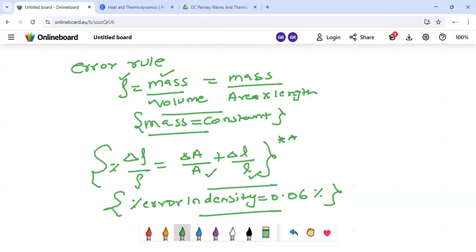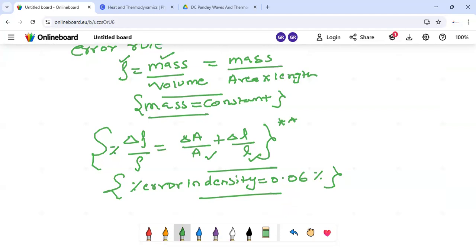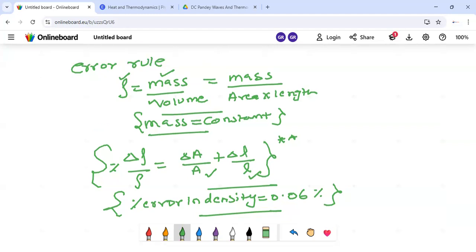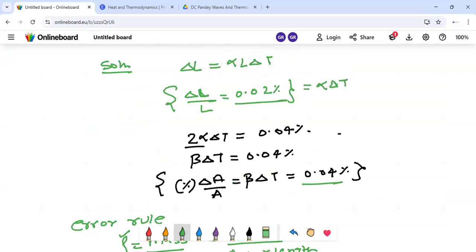Sir, can we do this by finding the volume expansion for a solid? Yes, you will take 3 times, and that is also correct. We take mass as constant. Yeah, I got your point. You will take 0.02 times 3 and get gamma, right?